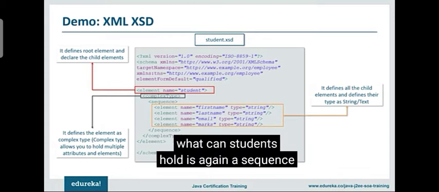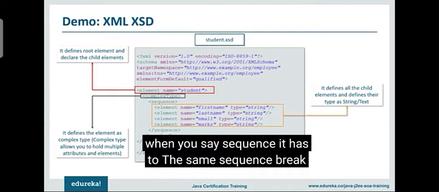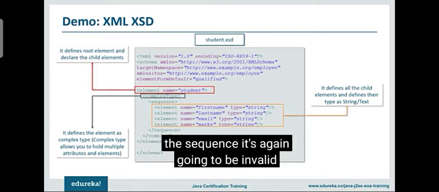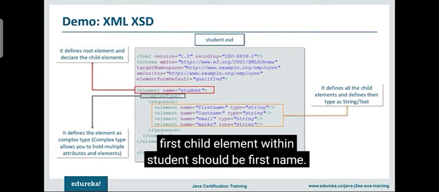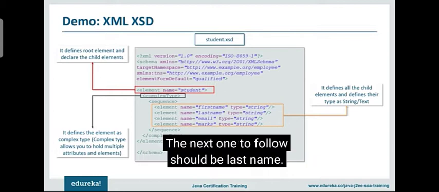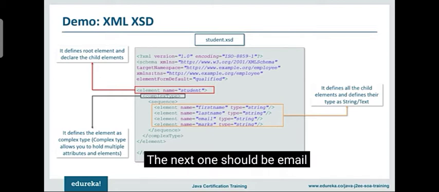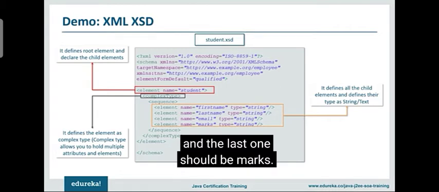Now what can student hold is a sequence. When you say sequence, it has to be in the same order. Break the sequence, and it's again going to be invalid. The first child element within student should be first name. The next one to follow should be last name, the next one should be email, and the last one should be marks.